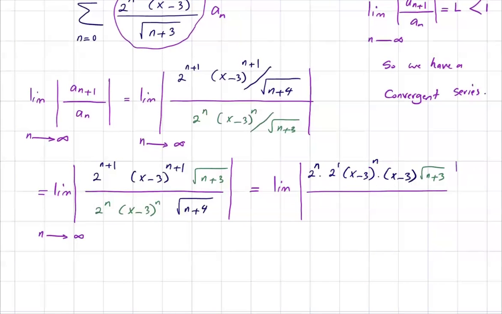Let us close up the absolute value as well, n goes to infinity, and on the denominator you have 2 to the n times (x minus 3) to power n times square root of n plus 4.